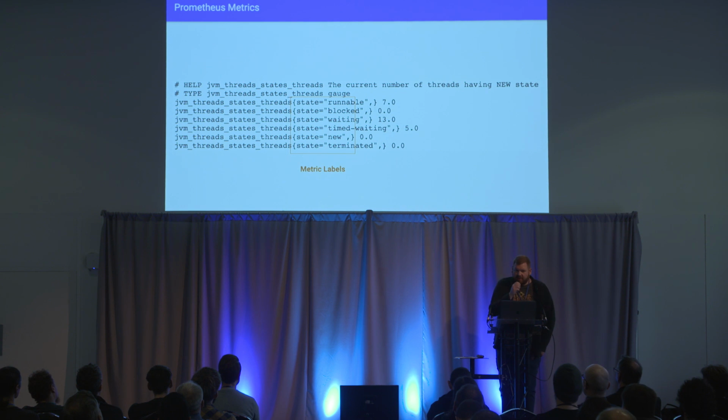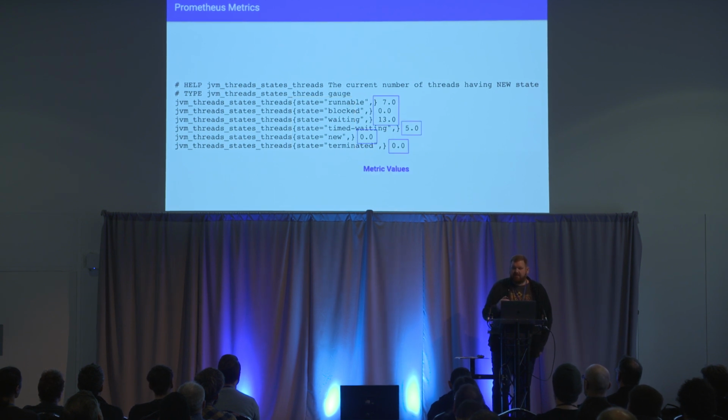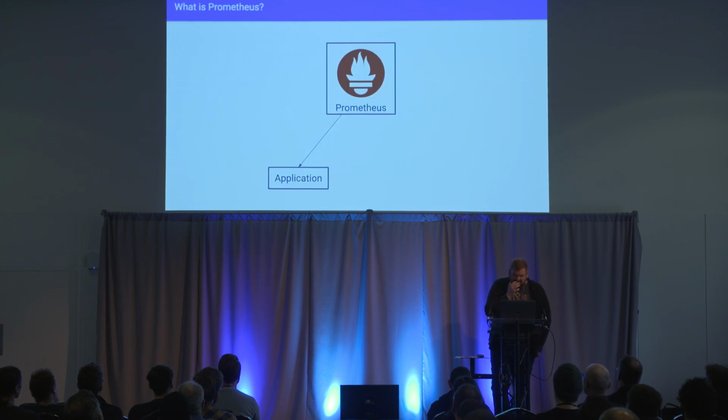Within your metric, you can then use labels to add some more context around different versions of that metric. And then, of course, you have the actual value of the metric. So that's how we start scraping data.